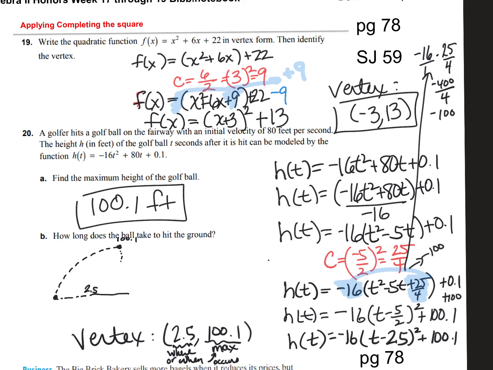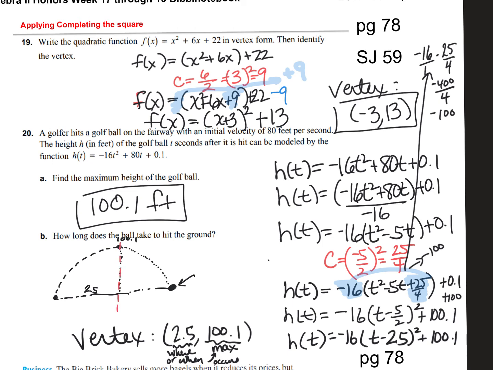So, how much longer does it take before this ball is back on the ground? Here's where it would be on the ground. Let me grab a red pen, this is the axis of symmetry.